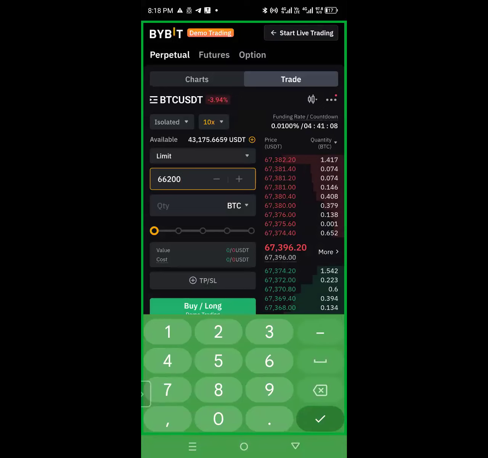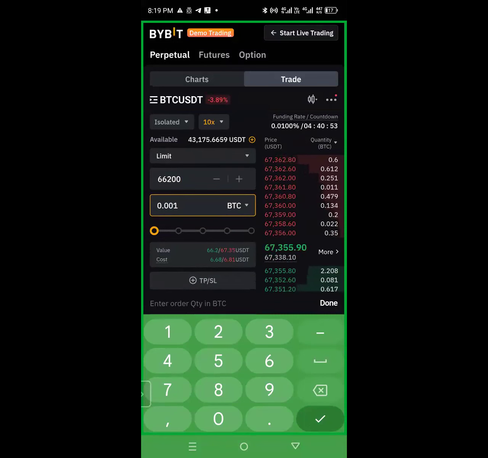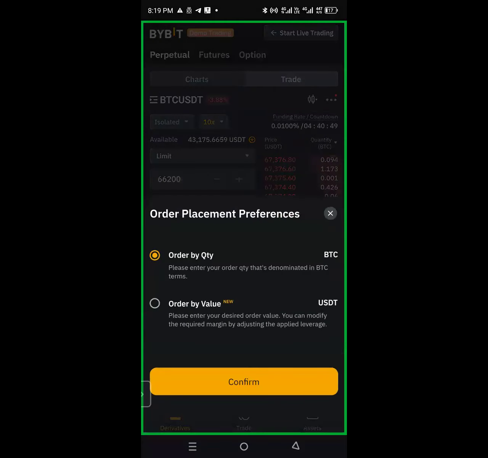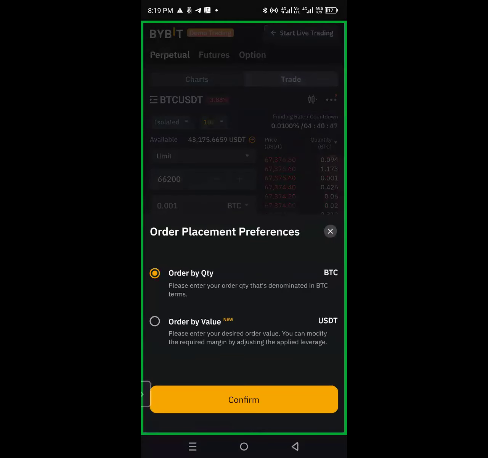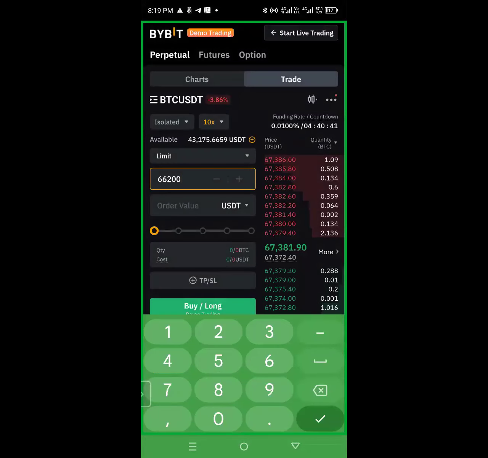You are going to be using something like lot size, like the way you use lot size on MetaTrader, like 0.0001, 0.001, and stuff like that. But the easiest way to go about it is to use order by value. So that's what I'll be advising. Use order by value.